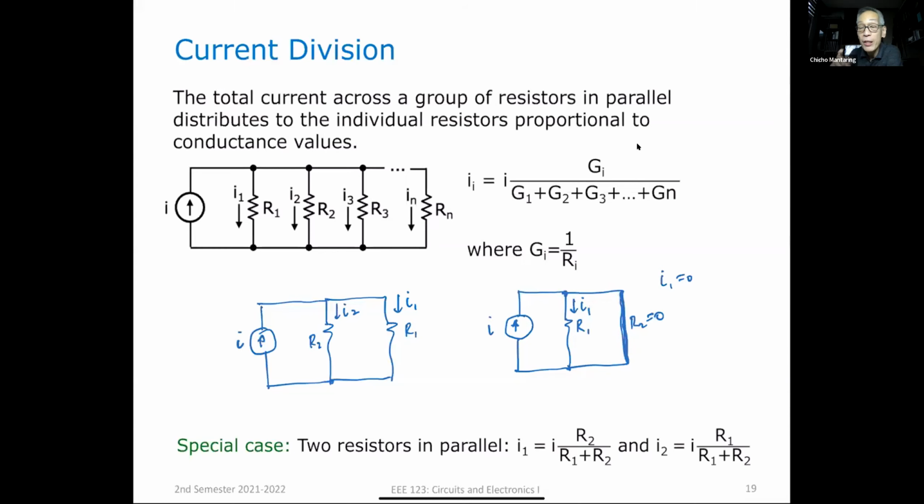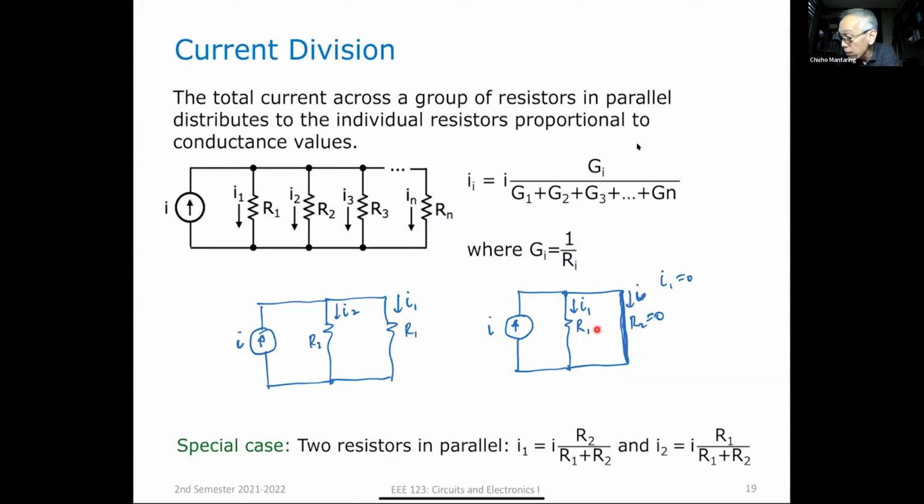When you have a short circuit across any element, that short circuit will attract all the current. No more current will pass through that element. All of this I now goes through here. This is going to be equal to I. All this current here is going to flow here.